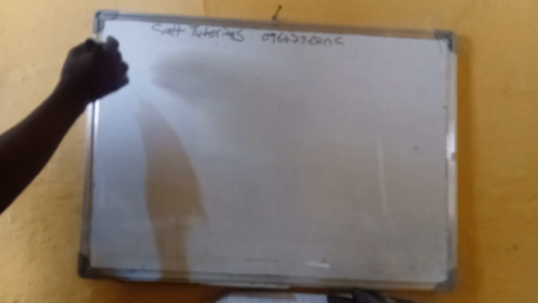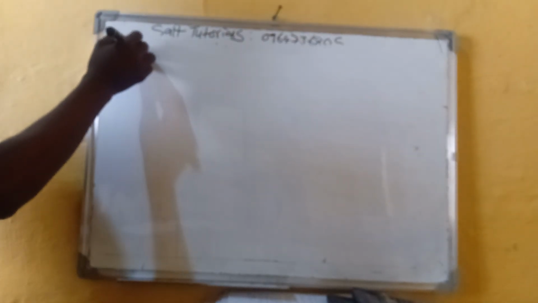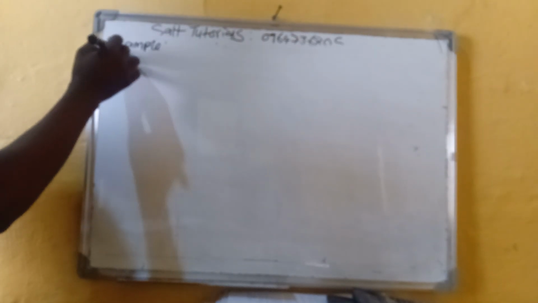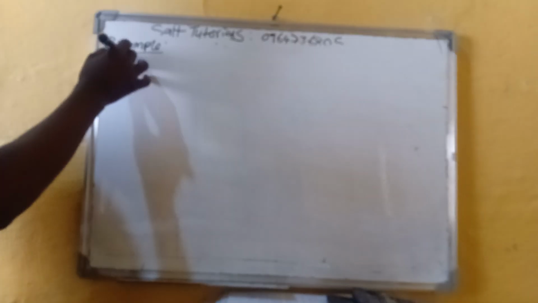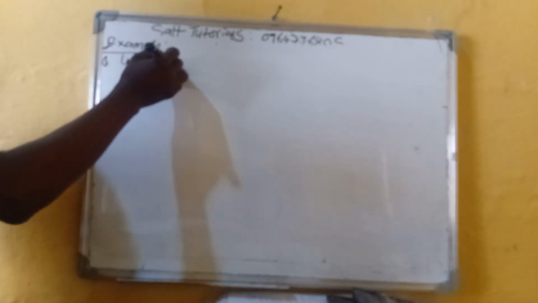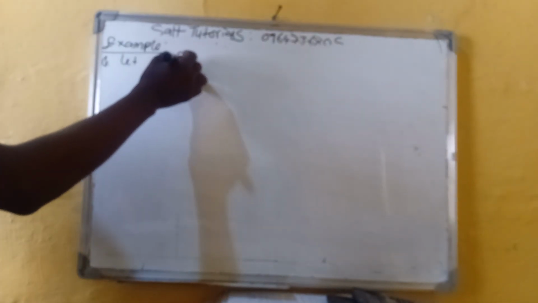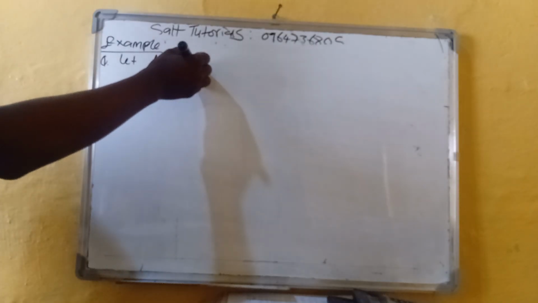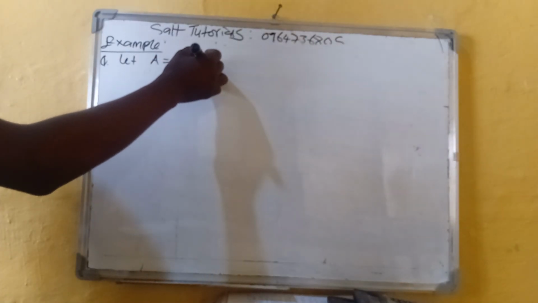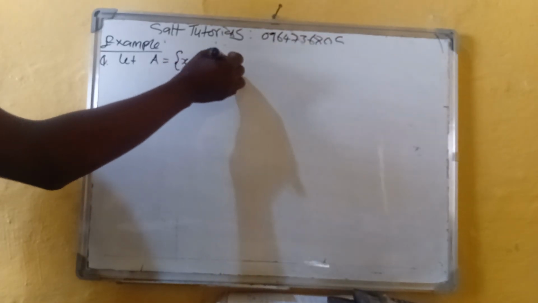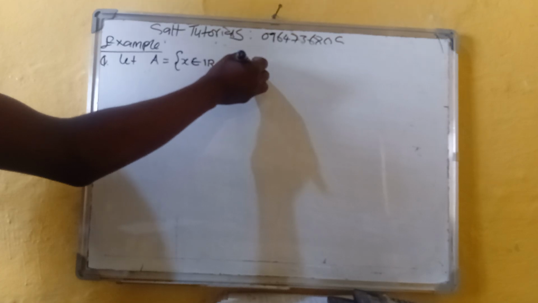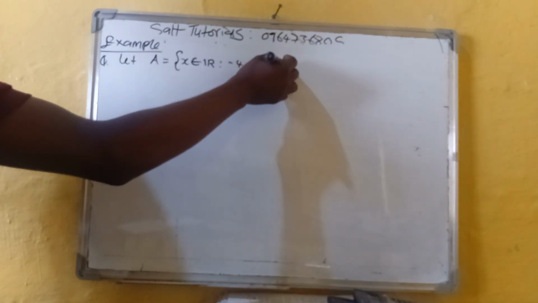So the example here says let A be equal to the set of X such that X is a member of all real numbers such that -4 is less than or equal to X and X is less than 2.